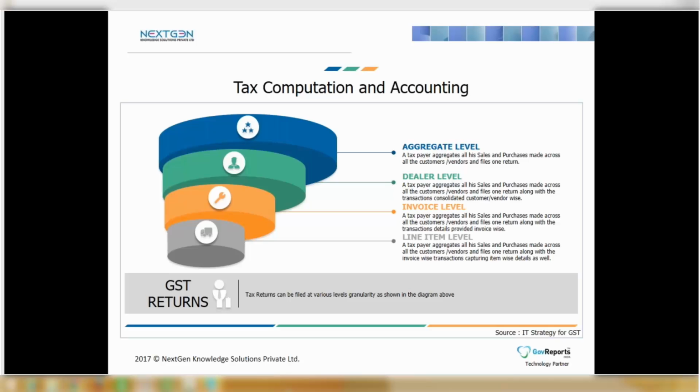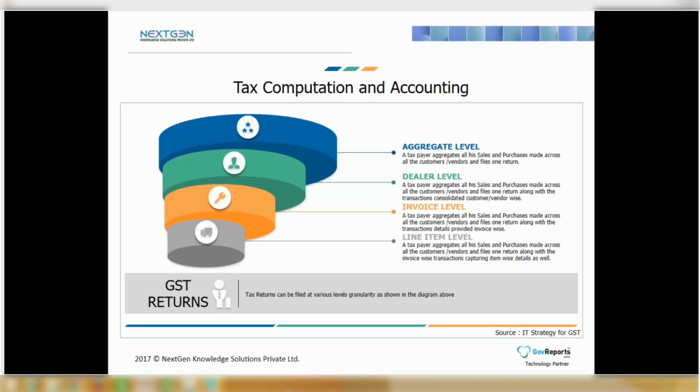A taxpayer may aggregate all his sales and purchases made across all the customers and vendors and can file a single return along with the transactions consolidated customer and vendor wise. Third is invoice level. A taxpayer aggregates all his purchases and sales across various customers and vendors and then files one return along with the transaction details provided invoice wise.